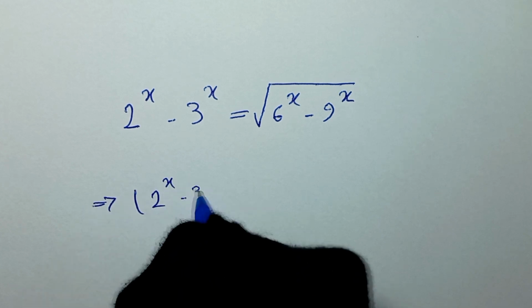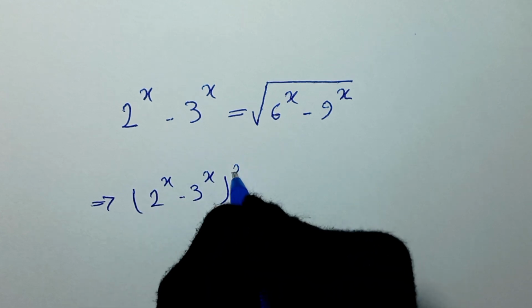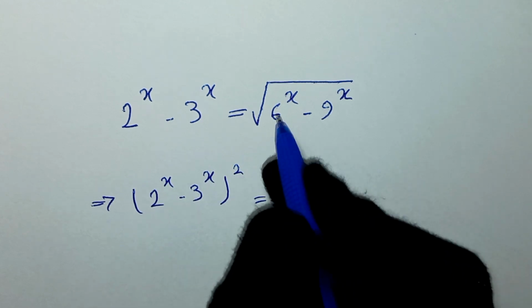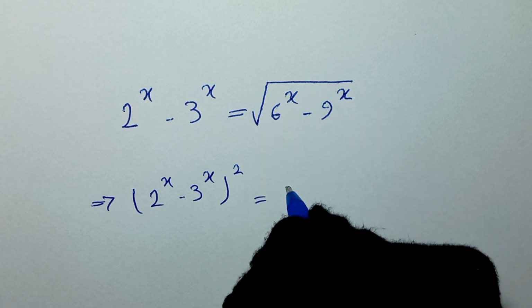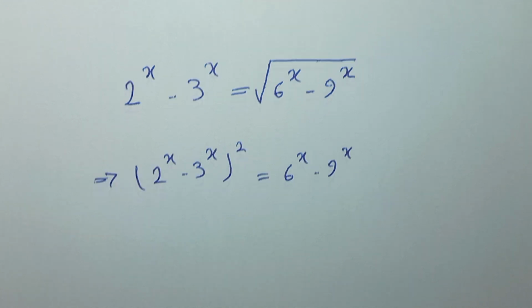(2^x minus 3^x) to the power of 2 is equal to this to the power of 2, and this to the power of 2 is 6^x minus 9^x, right?